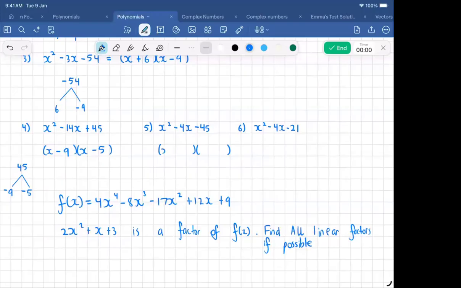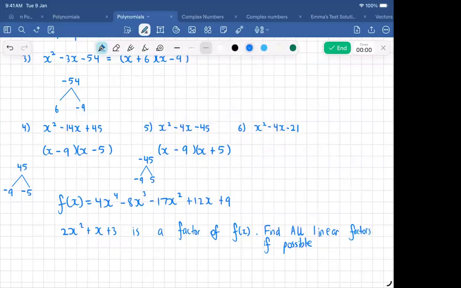You say x by x, then I put negative 9 here and positive 5 here. Yes, that's correct. Because if you multiply minus 9 by 5, you get minus 45, and if you combine minus 9 and 5, you get minus 4. Great job.